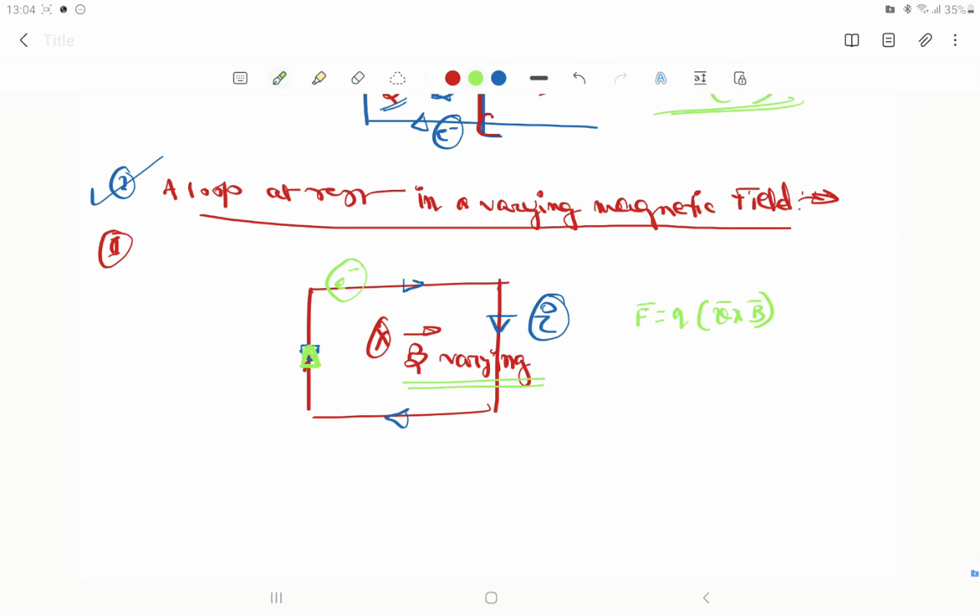This electron is not moving, right? This is a static conducting loop. It's not moving, so this velocity is zero. So the force acting on this electron is zero. So how does this current appear here?